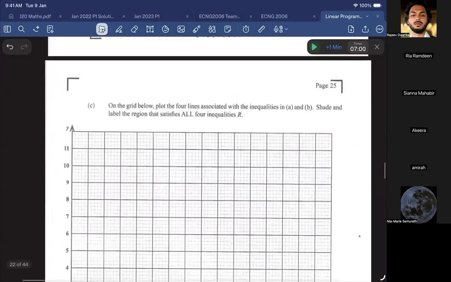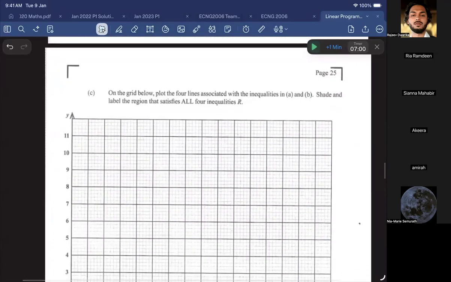So, Ria, I'd like you to give this question a read for me. On the grid below, plot the four lines associated with the inequalities in A and B. Shade and label the region that satisfies all four inequalities, R.